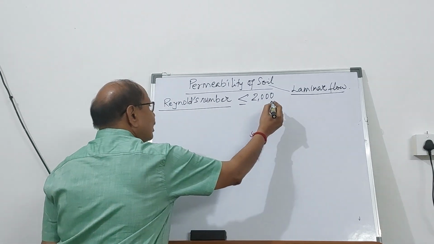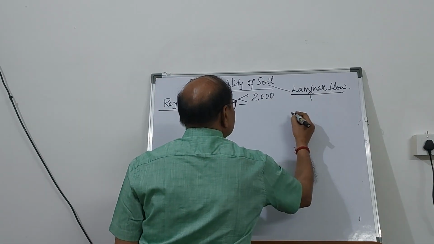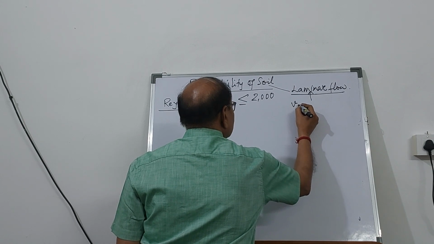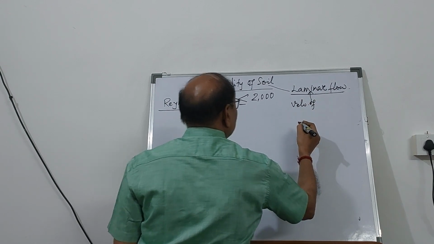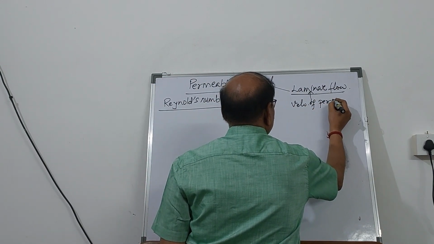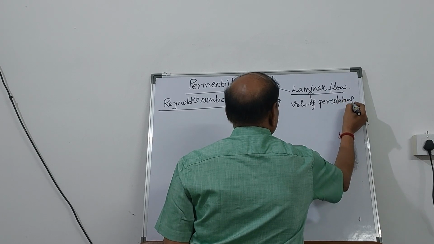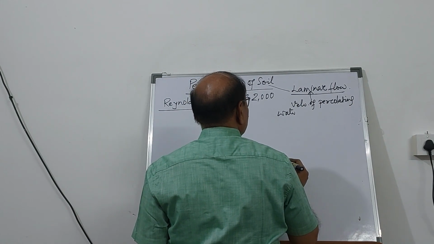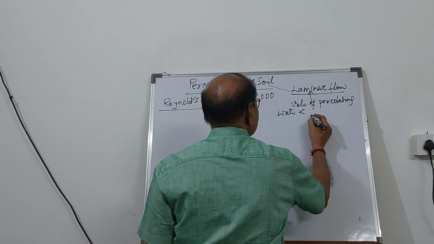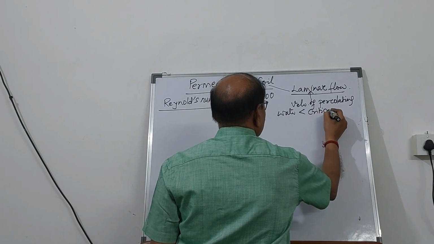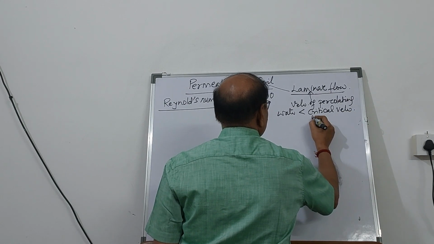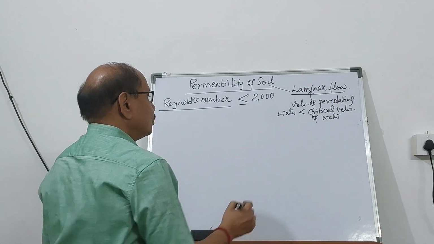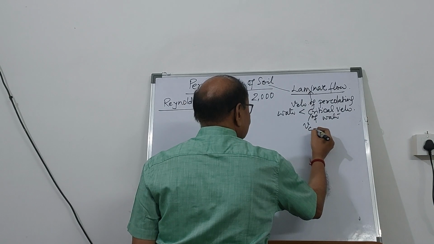As I told you, for flow to be laminar, the velocity of percolating fluid or water, here it is water, should be less than critical velocity of percolating water. So let's say the critical velocity is Vc.